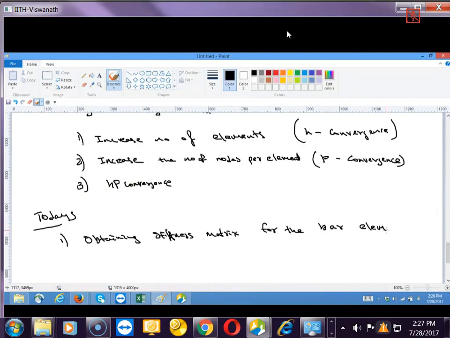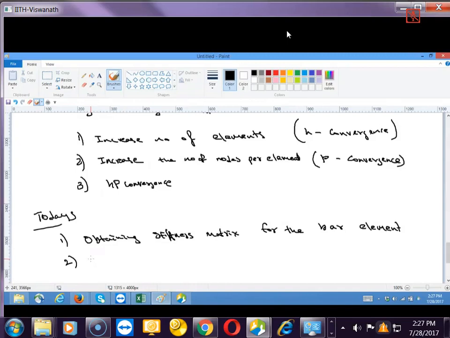And secondly, after this is being done, I will give a detailed explanation of assembly, because that is a difficult topic which I felt yesterday there might be some confusion for you to understand.